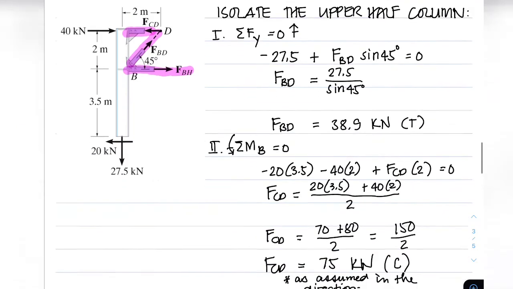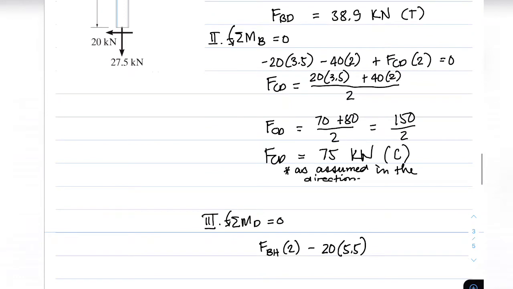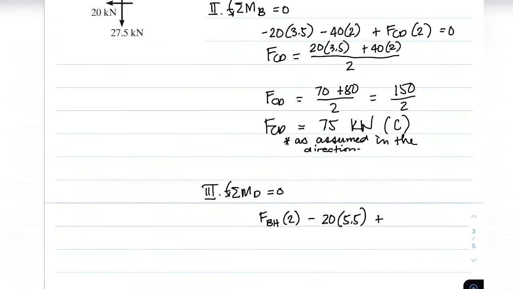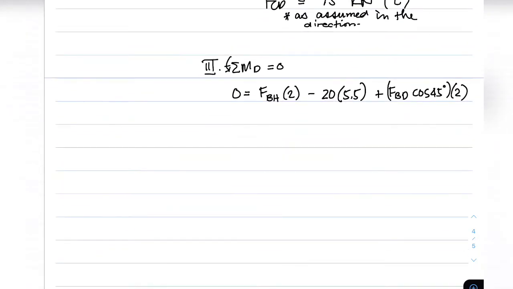In order for us to solve for the member FBH, we will take moment at D, which will give us the equation FBH times 2 minus 20 times 5.5 plus FBD cosine 45 times 2.